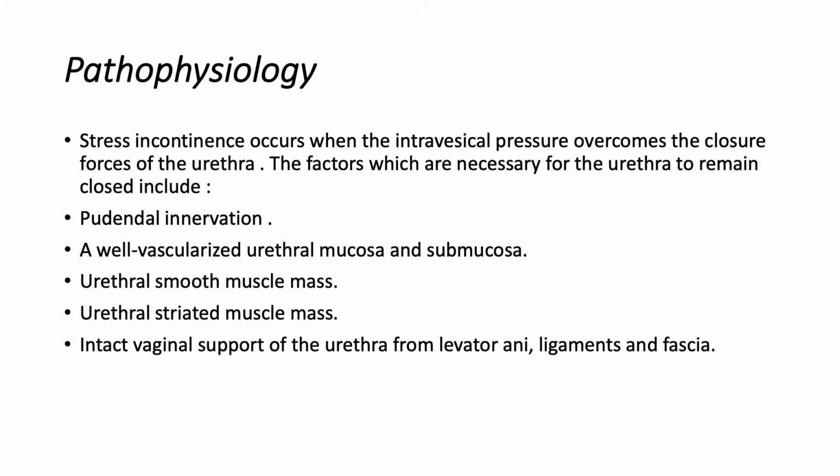And we must have a well vascularized urethra and urethral smooth muscle mass, and we have intact striated muscle mass, and we have intact vaginal support for the urethra from the levator and ligaments of fascia.